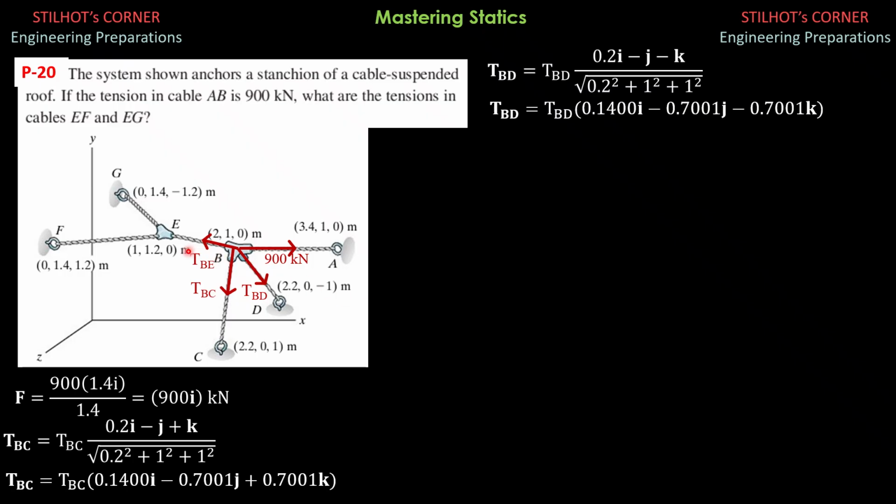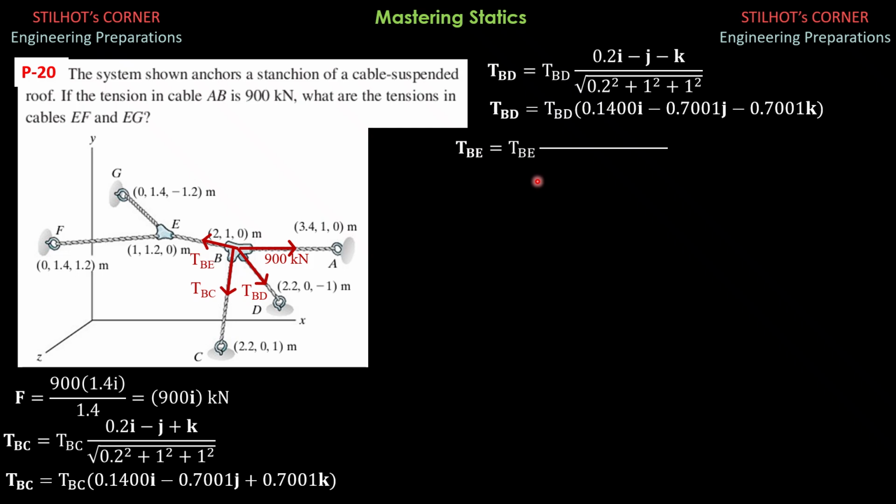Then tension BE, so 1 minus 2, so it is equal to tension BE times quantity 1 minus 2I, so negative I, 1.2 minus 1.2 J, 0 minus 0, 0K.